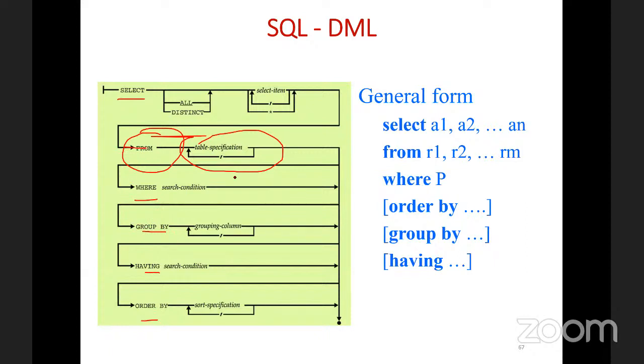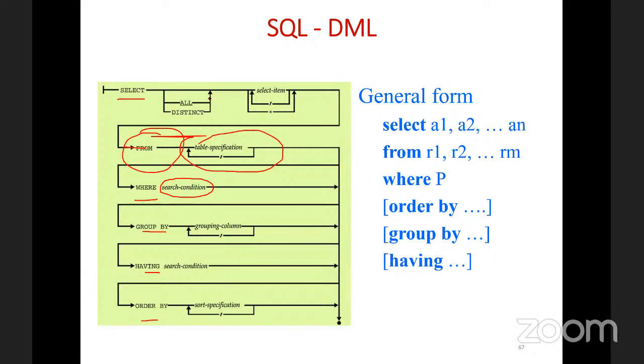In the from clause, you write the reference of the table, and in the where clause, you write the search condition. In that table, you select only those rows, those tuples, where this search condition is satisfied. Then you display whatever attributes you want.